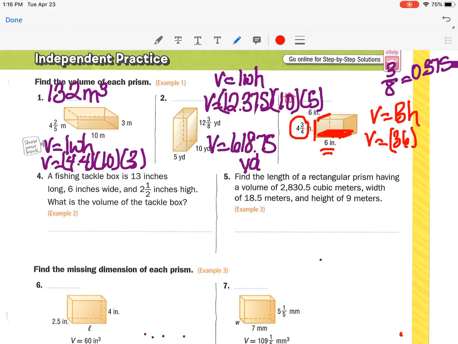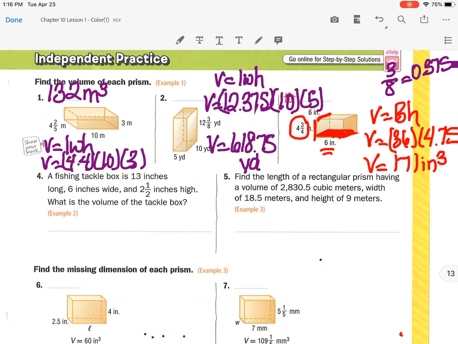Well, 4 3/4 is easy, that's just like quarters, so 4.75. And when I take 36 times 4.75, I get 171 inches cubed. So remember that that big B stands for the area of the base, the bottom part.